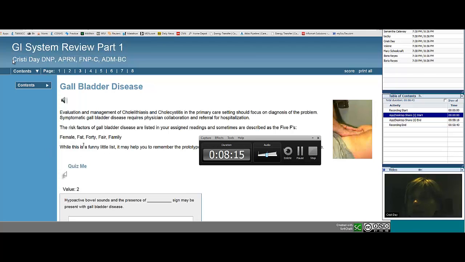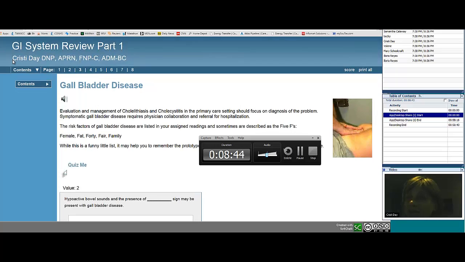If you are talking about a woman who is 40 years old, white, overweight, and she has right upper quadrant abdominal pain, then you're going to think of this profile of who gets gallbladder disease. And also know, just because they don't have stones doesn't mean they don't have gallbladder disease.